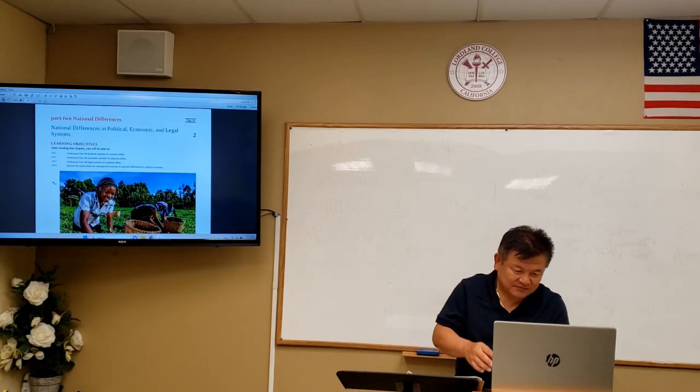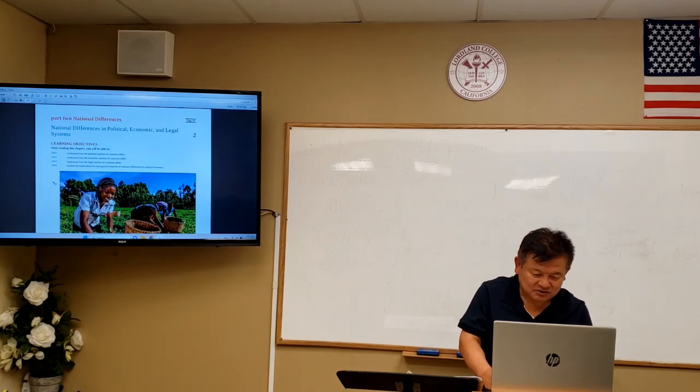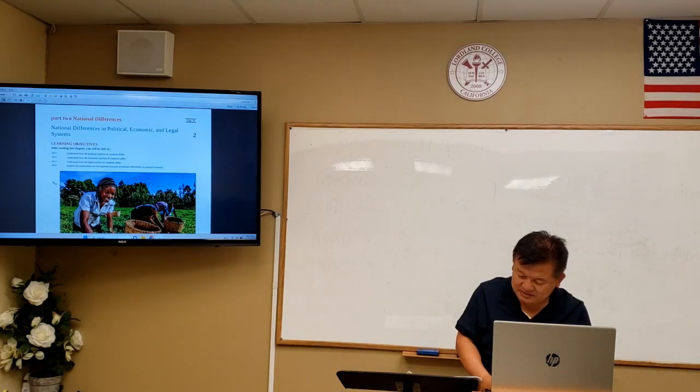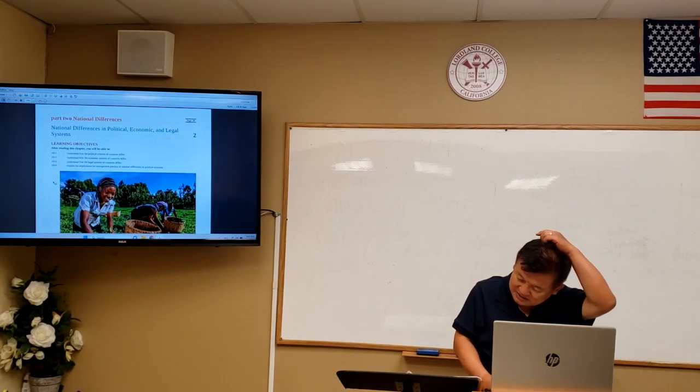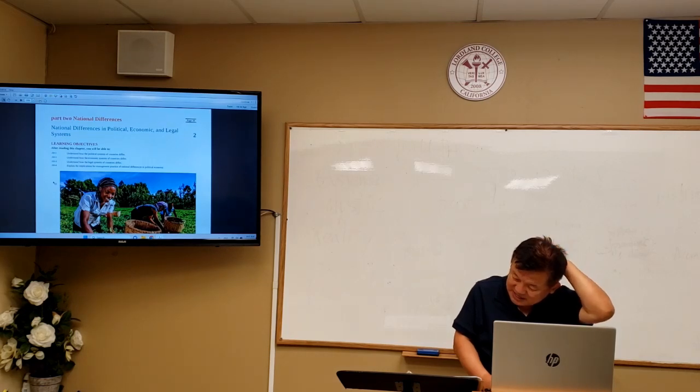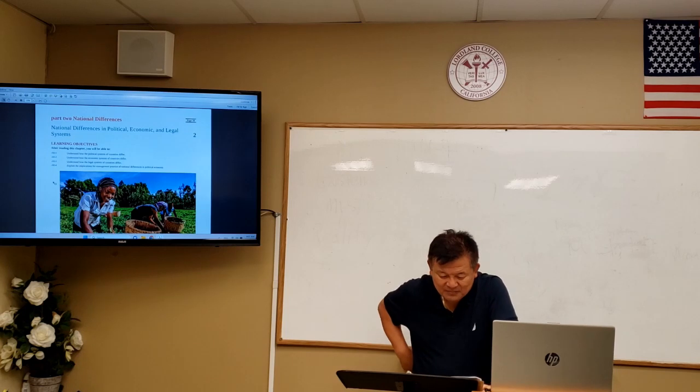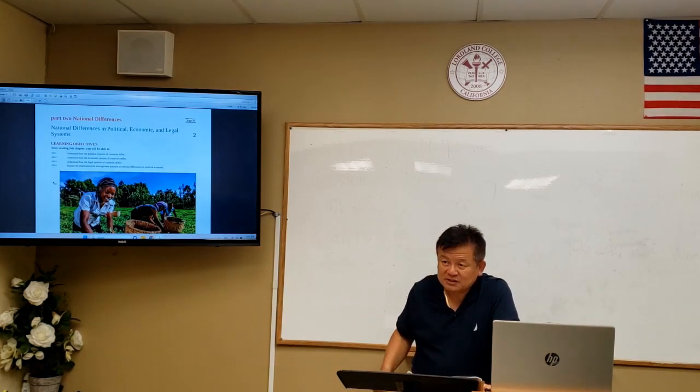Each country has a different system, and the economic systems follow and also differ. Third objective: understand how the legal systems of countries differ. First, the political system is different, and automatically the economic and legal systems are also different. And the final objective is to explain the implications for management practice of national differences in political economy.